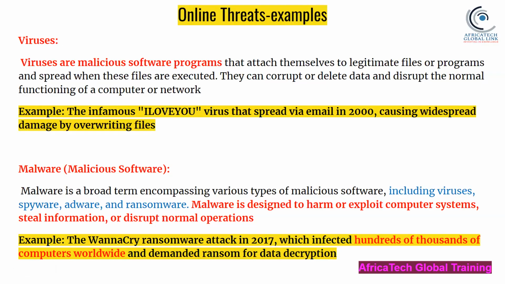A ransom for data decryption. When we talk about ransom, it's just money. They ask for money to decrypt your data, right? The famous ones that happened: ILOVEYOU was the first one, the virus, and then as malware, we had WannaCry. If you just type WannaCry ransomware on Google, it will give you everything that happened.